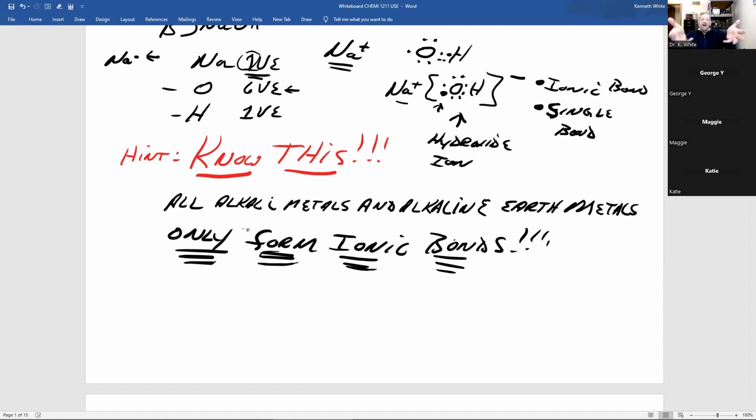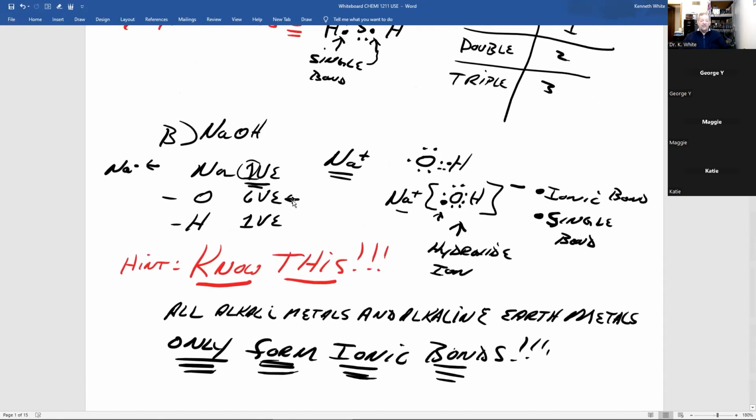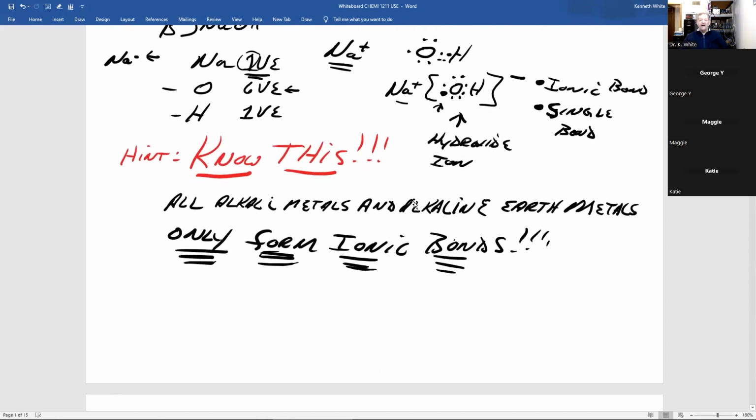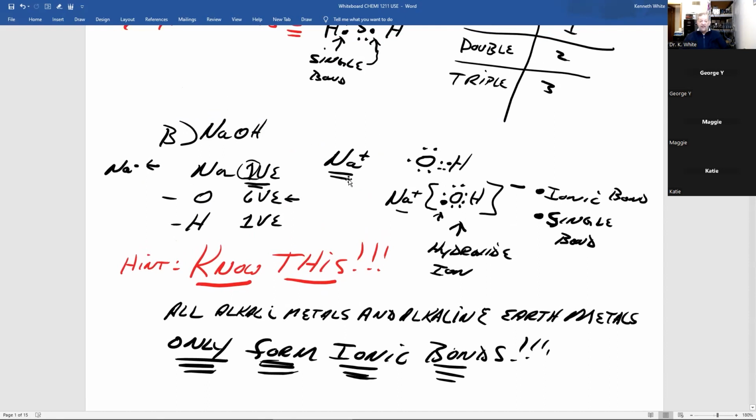That means they either give up or accept electrons. So here we have sodium hydroxide. And the sodium will form a cation. And I taught you how to figure out that's Na+. But oxygen has 6 valence electrons, hydrogen 1, they share a pair, but you have 1 missing electron to get the octet for oxygen.